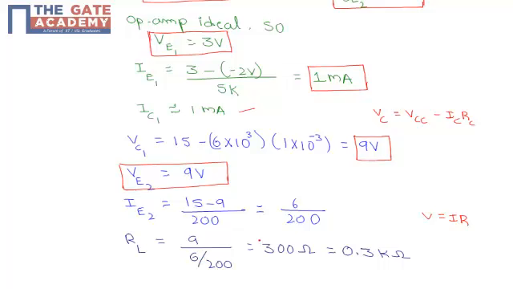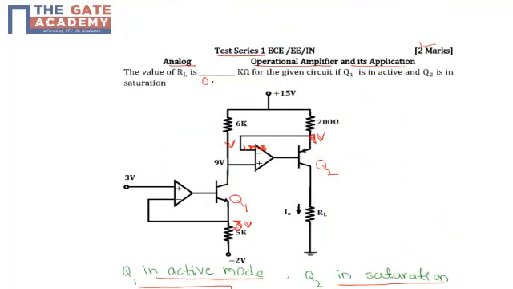It will be 300 ohms. But in the question, they ask for the answer in kilo ohms. So 0.3 kilo ohms is the required answer. RL is 0.3 kilo ohms.